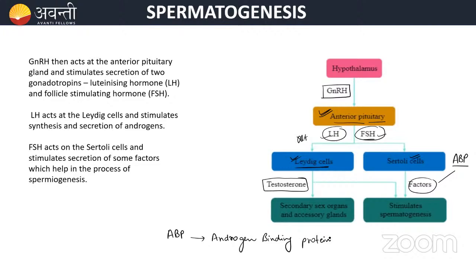The function of this ABP is to bind with the testosterone and increase the level of the testosterone in the seminiferous tubule, because testosterone stimulates spermatogenesis. So the function of androgen binding protein is to bind with the testosterone and increase its concentration in the seminiferous tubule so as to increase the spermatogenesis.